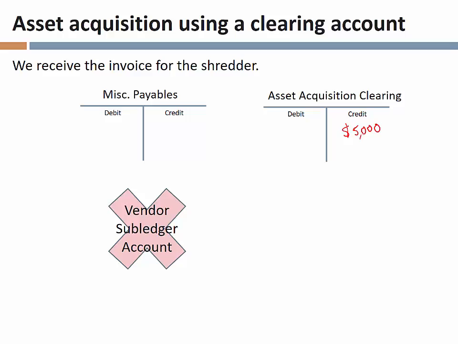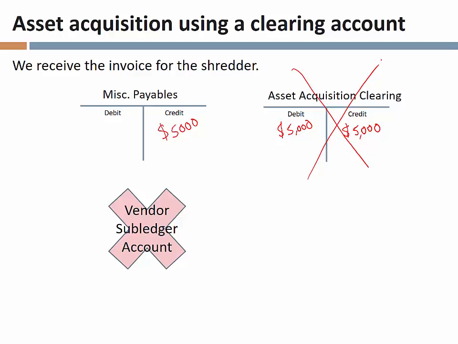Now when the invoice comes, we're going to debit our clearing account and credit miscellaneous payables. So at this moment, our clearing account has been wiped out, and we have a specific invoice in hand from this particular vendor that we know we're going to be paying.